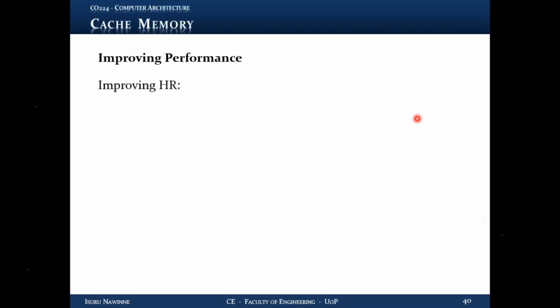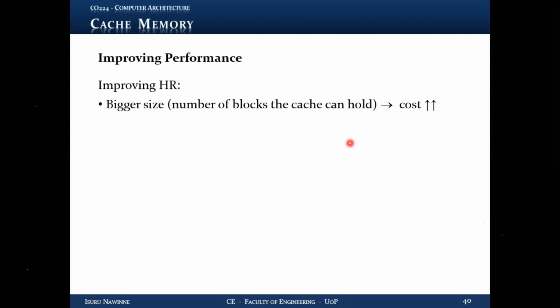Improving hit rate, the most intuitive thing that comes to mind is to improve the size of the cache, right? So add more slots so the cache can hold more data. If you can hold more data, you are more likely to get hits. So that is the most obvious way to improve the hit rate, but it comes at a high cost.